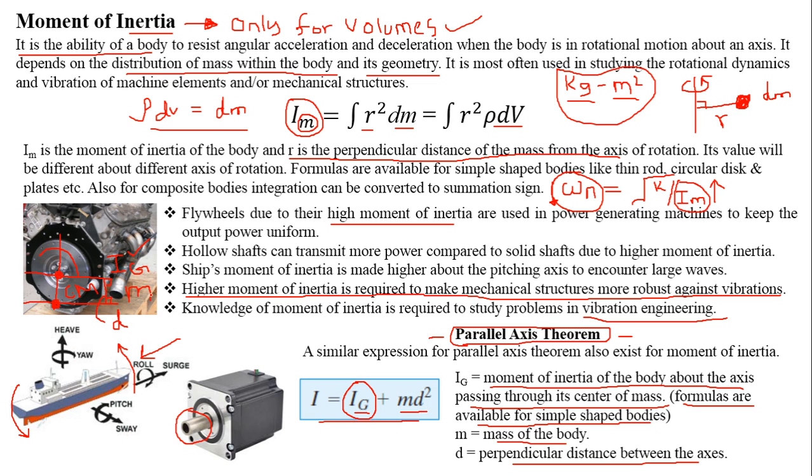You take their product m d square and add to Ig, and you get the moment of inertia of the same flywheel about this axis passing through this point O. Notice that this axis passing through point O is again parallel to the centroidal axis, or the axis that is passing through the center of mass.